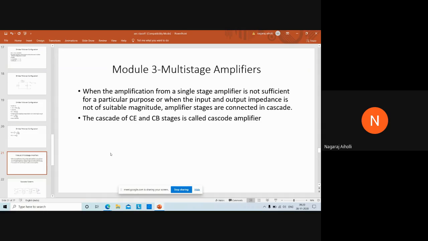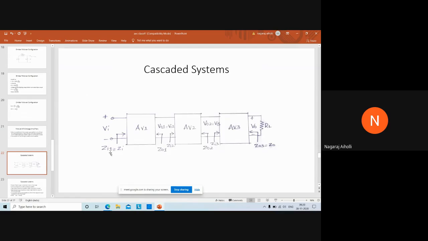Then later we started with module 3, that is multi-stage amplifiers, where a multi-stage amplifier consists of many stages. The gain of the overall cascaded system or the multi-stage amplifier is nothing but the product of the gains of the individual stages, AV1 into AV2 into AV3.